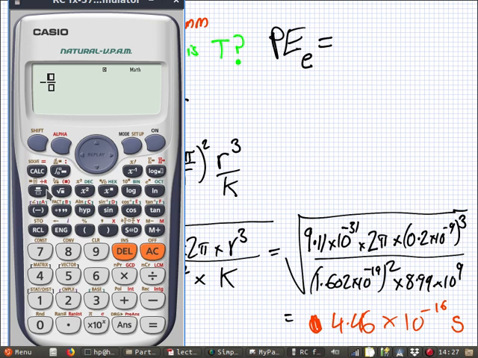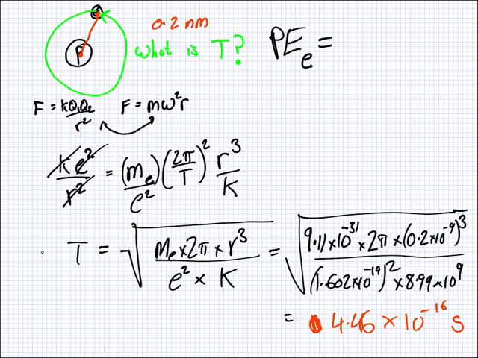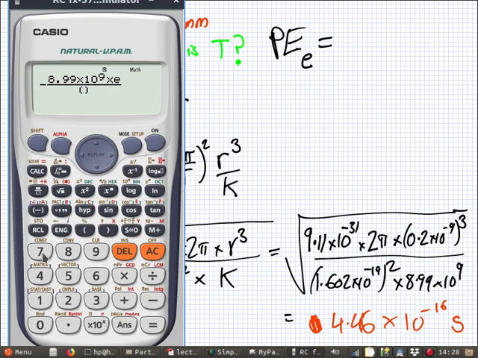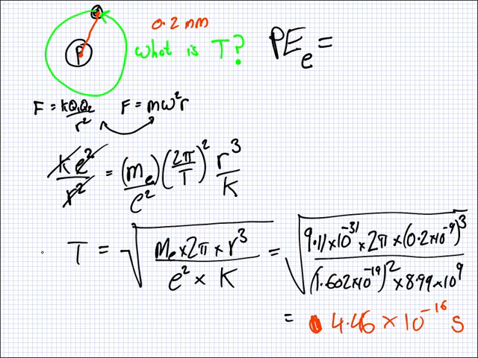Yes, calculate. 1.15 times 10 to the minus 18. Are you sure? Let's see. Minus 1.1535.